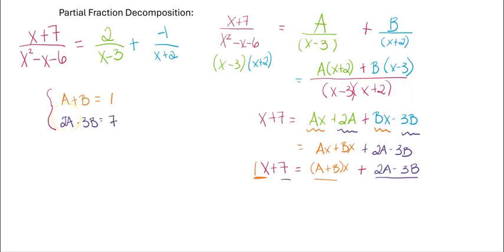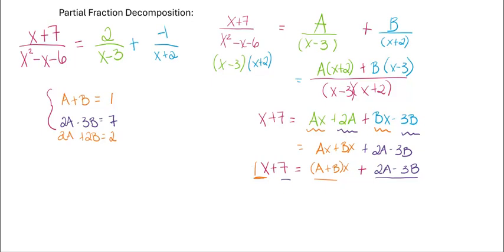And now I'm going to solve for a and b with either elimination or substitution, whichever way you find easiest you can do. I think in this case I'm going to use elimination. So I'm going to multiply my first row by 2, and I'm going to get 2a plus 2b equals 2.